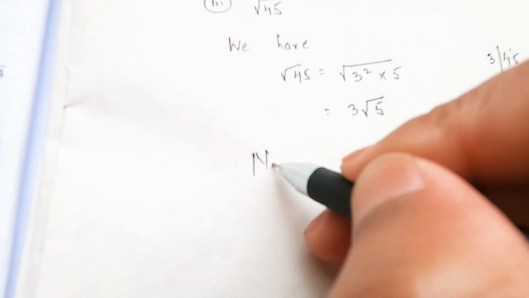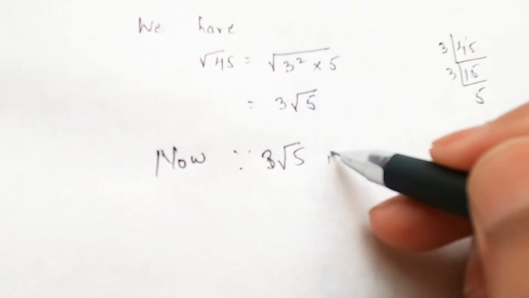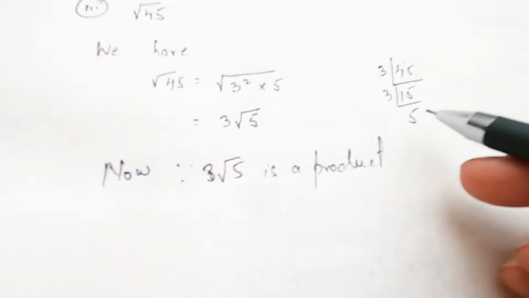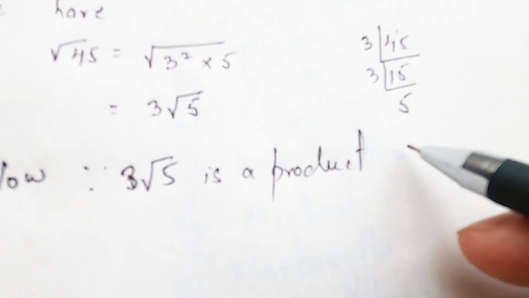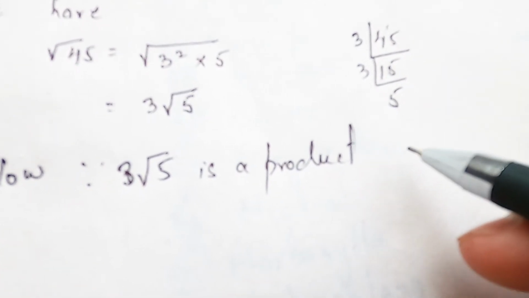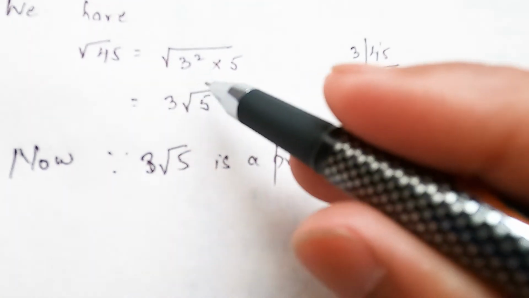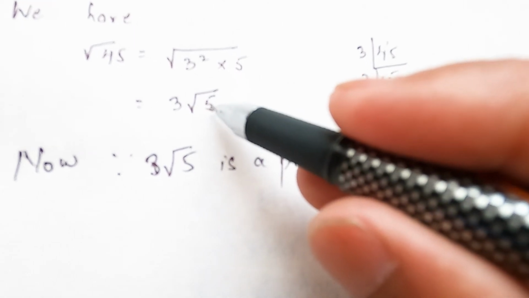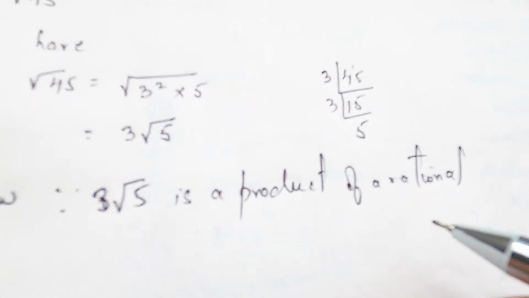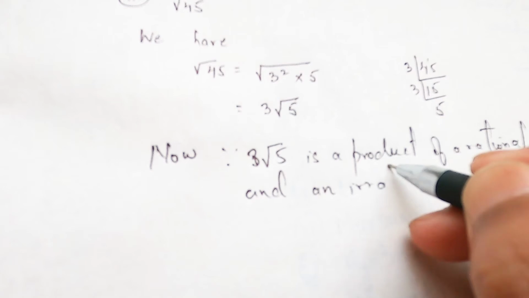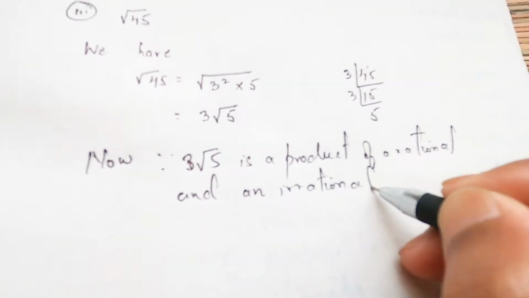Here you simply write: since 3 root 5 is a product, we multiply 3 into root 5, that's why it's called a product. The rational number is 3 and the irrational number is root 5, so it is a product of a rational and an irrational number.